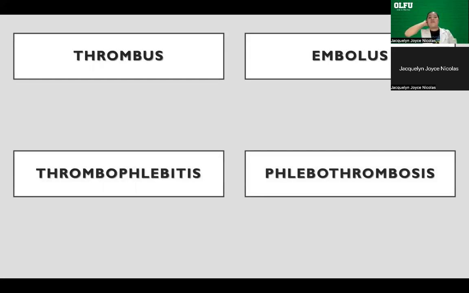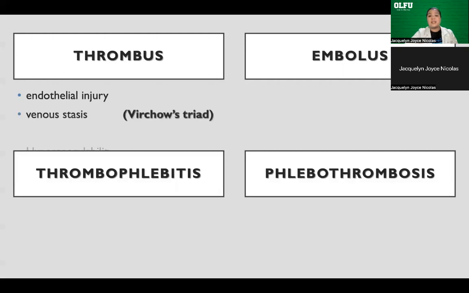Okay? These are 4 different concepts. Now, when we talk of thrombus, ayan, ito yung mga characteristic niya. It could be because of endothelial injury. It could be because of venostasis, or it could be because of hypercoagulability. Diba? That's what you call as the Virchow's triad.